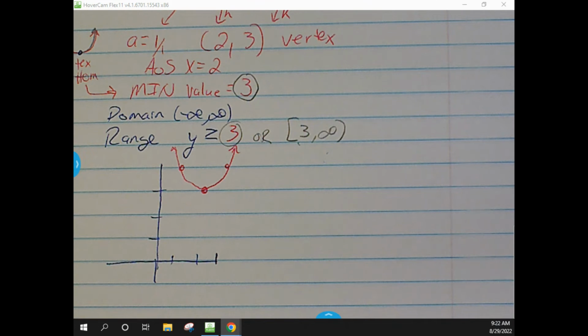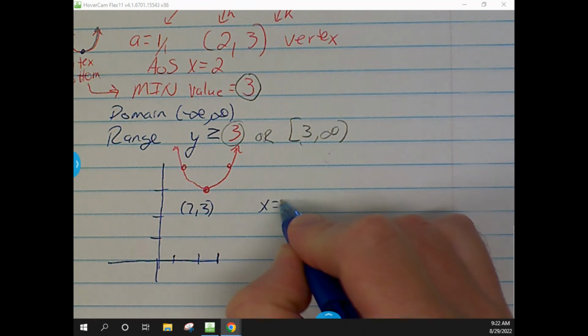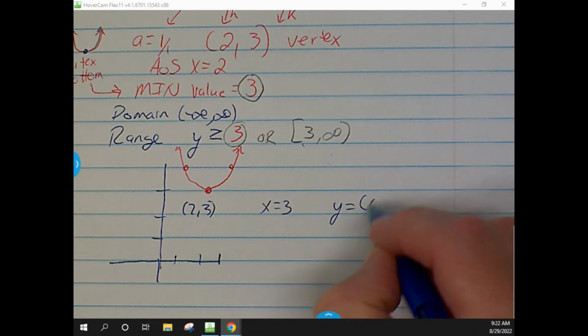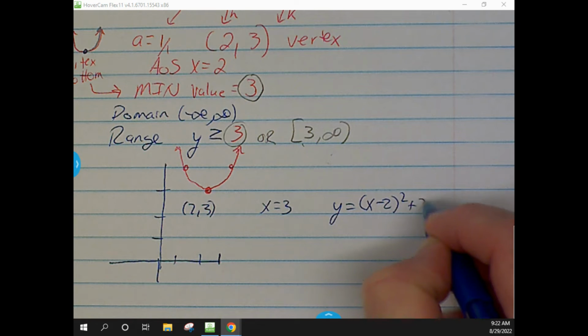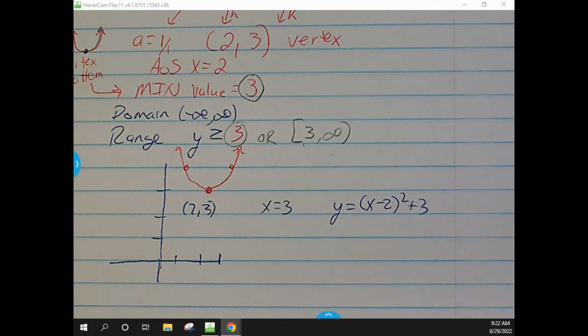Okay, now technically, since the vertex is at 2, 3, you're supposed to plug x equals 3 back into the equation, or the function in this case. You would take the 3, plug it back in, work it out, and get your answer that way. But again, as long as it's a whole number, that's our chance.